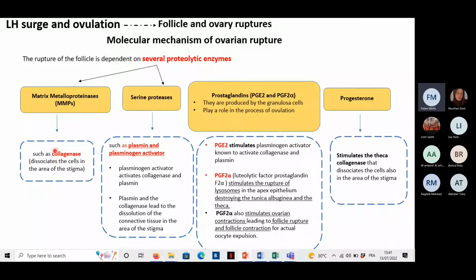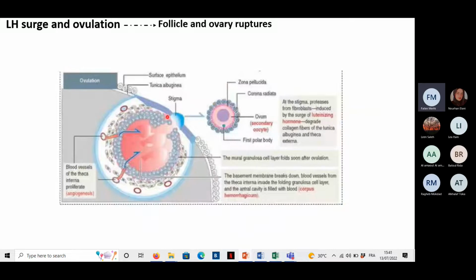The collagenase is a matrix metalloproteinase, and this enzyme will be produced by the granulosa cells, and it will dissociate the cells in the area of the stigma, and the area surrounding it, to digest this area and to let the oocyte exit the follicle and the ovary.